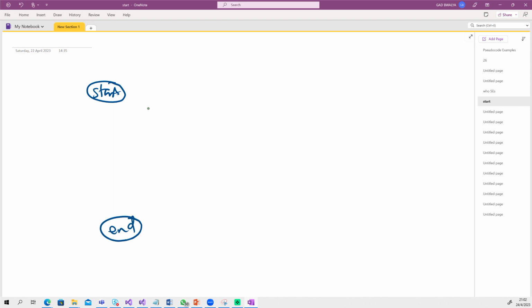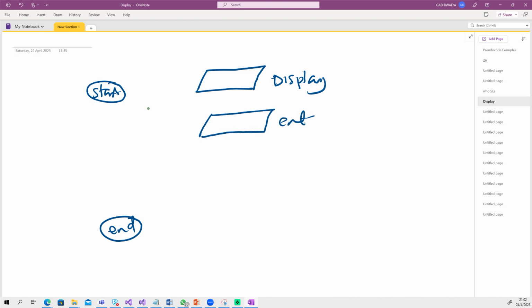Then somewhere in between, you're going to see a shape like this, which tells you that something is being entered. This can have anything to do with displaying, or it may be the same shape used to tell someone to enter something, to do something.